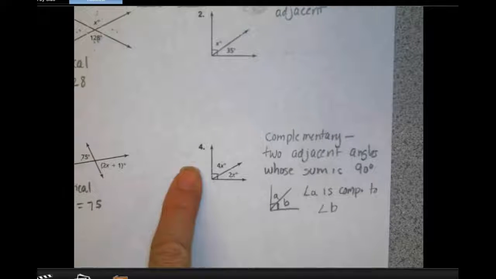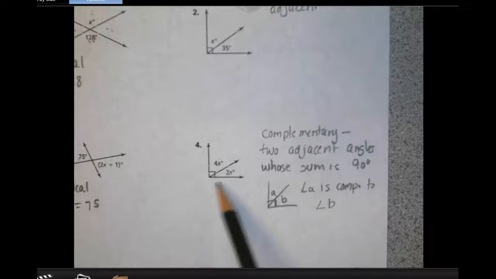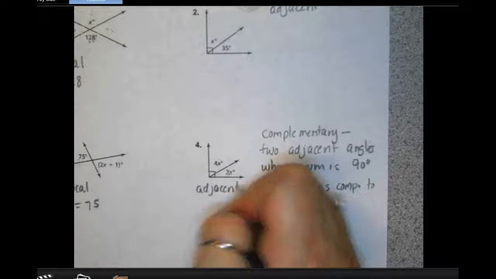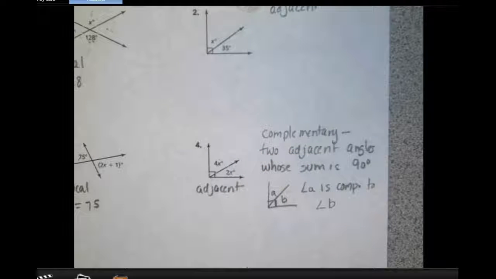So let's look at number 4. Again, are these going to be vertical angles or adjacent angles? Adjacent. These are adjacent. Good. I don't want you to try and find the measure yet. Cross off number 5.